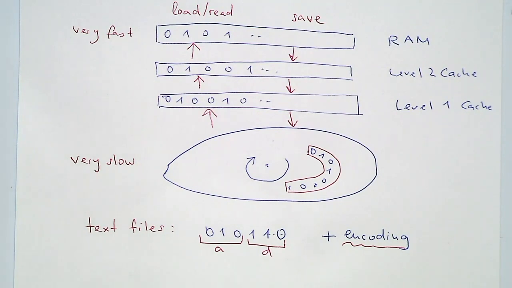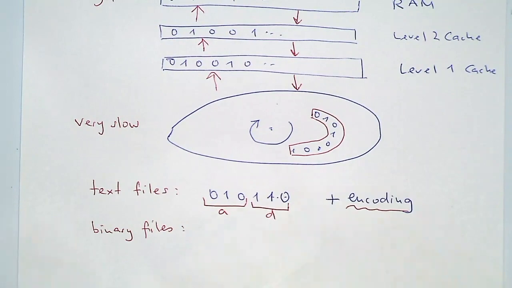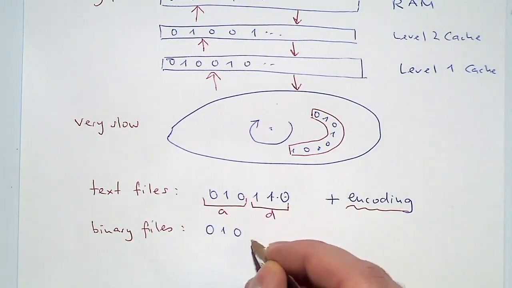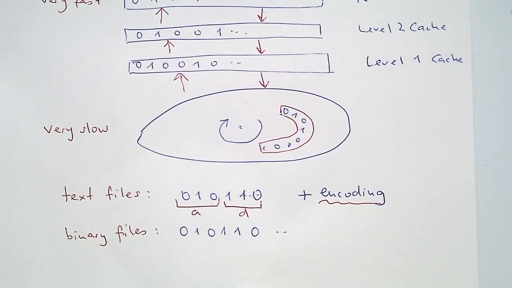That's the first type. The second type are binary files. And these are much simpler in the sense that they only have a sequence of zeros and ones without any encoding attached to it. And of course, it is up to the computer program reading these files to make sense of them.